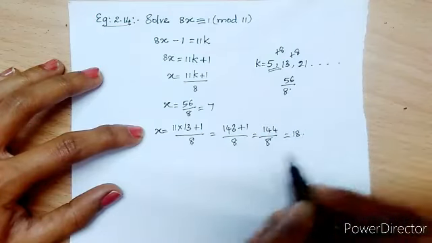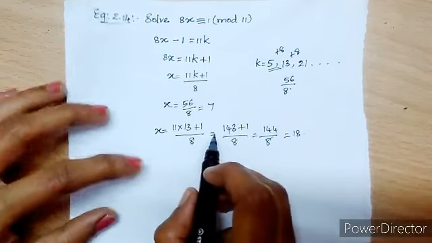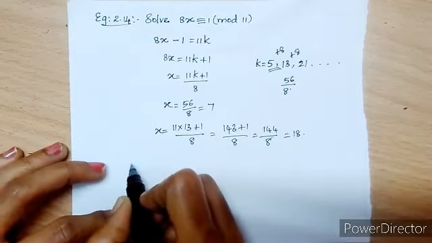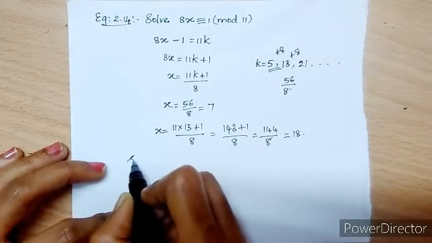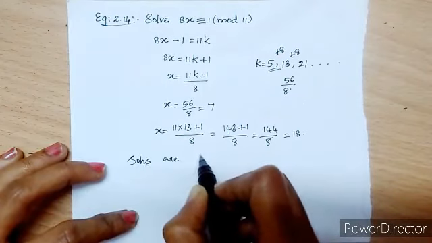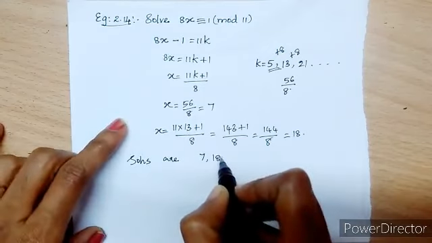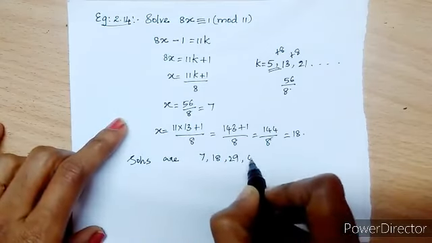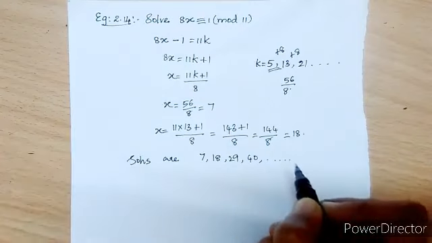It is 18. Okay, so the values for x, that means the solutions, are 7, 18, 29, 40 and so on.